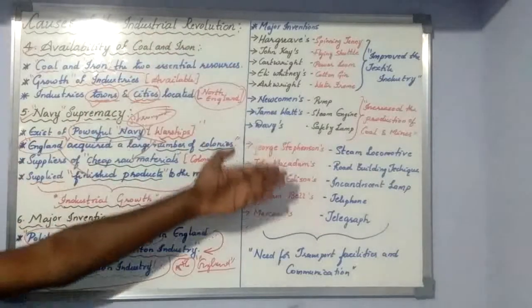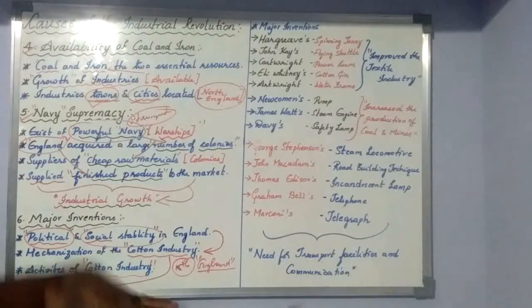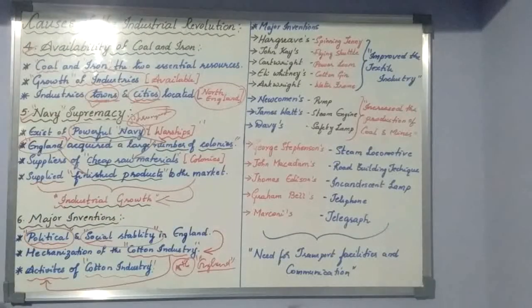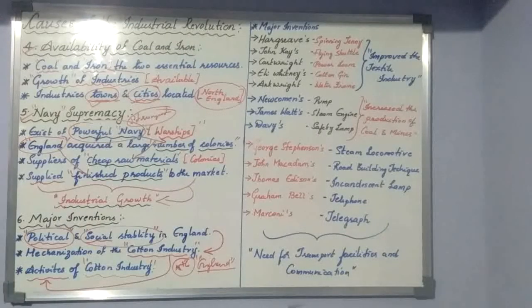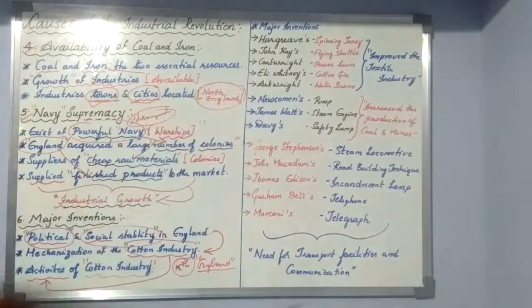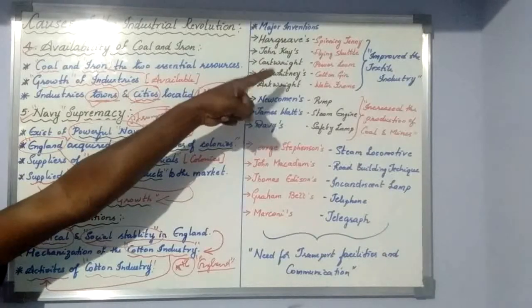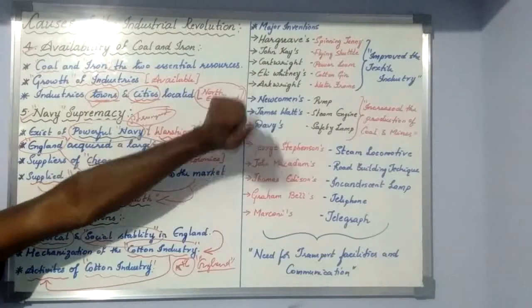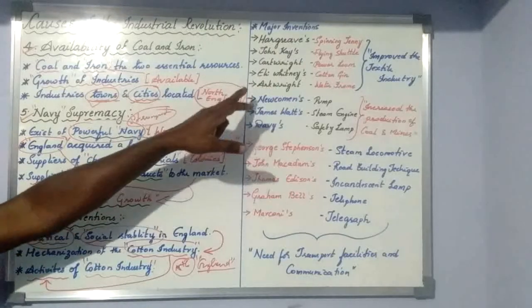Here are some of the major inventions: in the first of three areas to develop, England came out with inventions, for example Hargreaves' spinning jenny, John Kay's flying shuttle, and Cartwright's power loom.